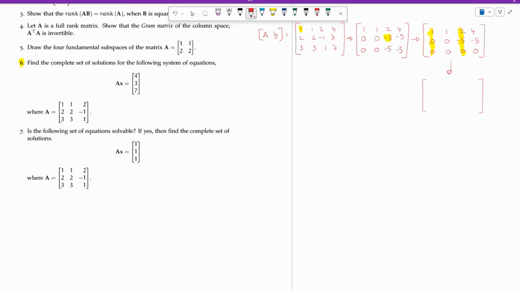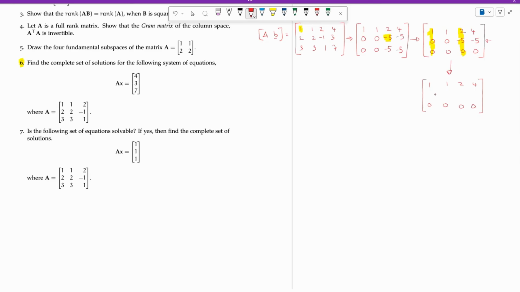We try and make all the elements above the pivot position in the basic column 0, and we make the pivot positions, scale them to be 1. So let's say we choose the second row, and we want to make this pivot 1. So the top row remains the same, and we simply multiply this by minus 1 by 5.